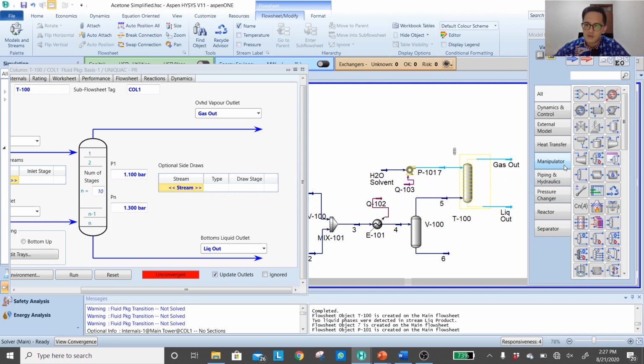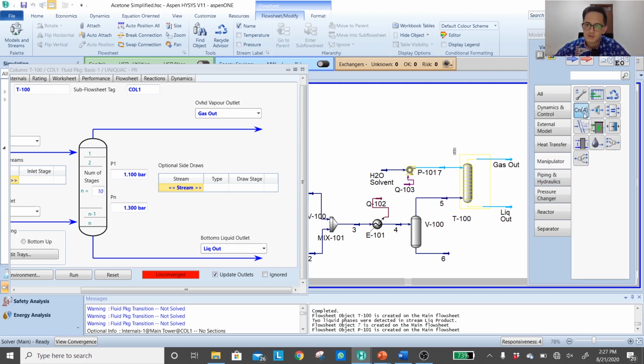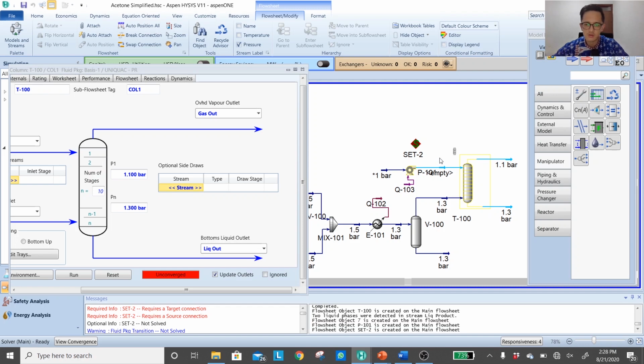Okay, in that case, we'll set the pressure, but using the same concept. I want my pressure of this liquid to be identical with the pressure of my vapor. Okay, so pressure of stream 7 will match the pressure of the vapor stream.